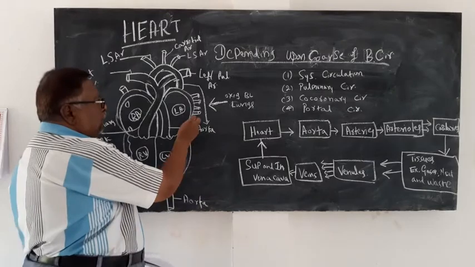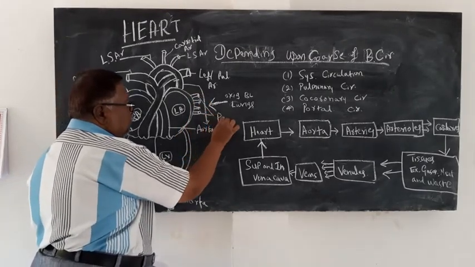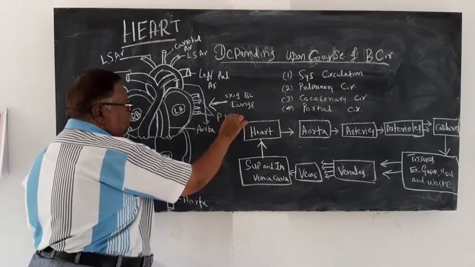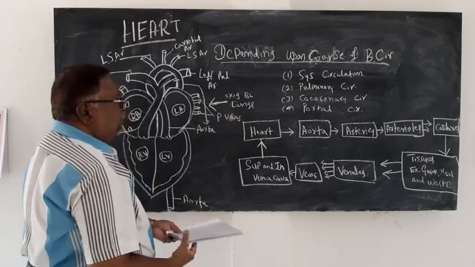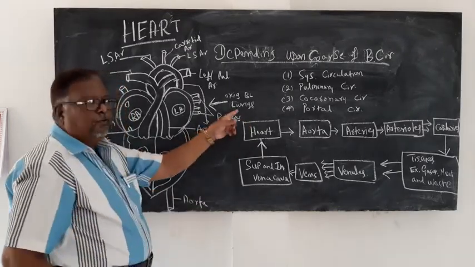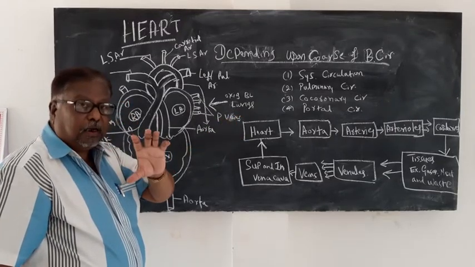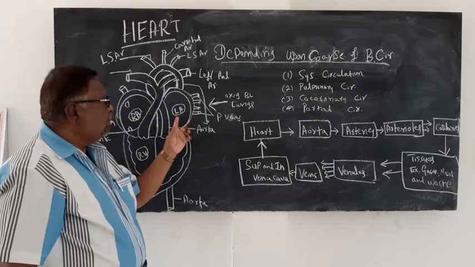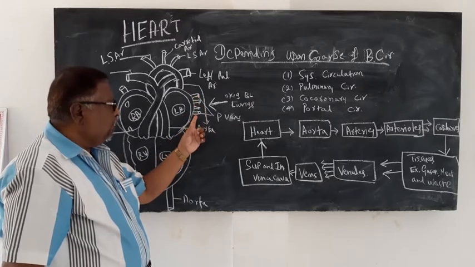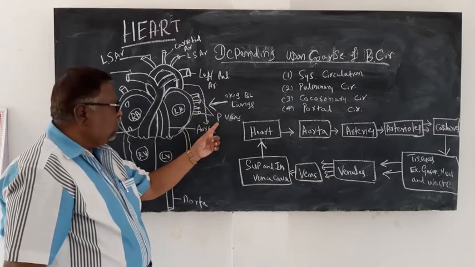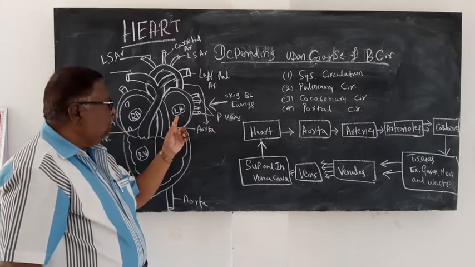These four pulmonary veins bring the blood from the lungs, which is purified or oxygenated. So this oxygenated blood is received in the left auricle by the pulmonary veins. Four pulmonary veins will be there. They come from the lungs and pour the blood into the left auricle.